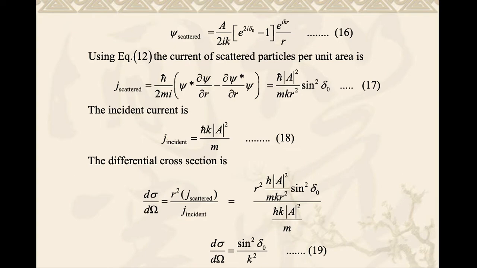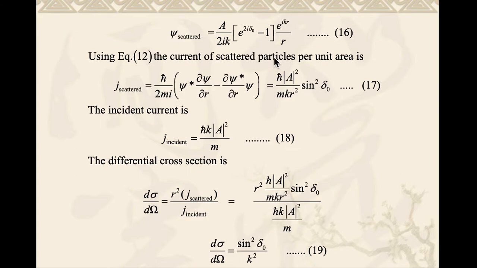And these plane waves can be considered as a sum of spherical waves. And after scattering, the scattered wave is a spherical wave.